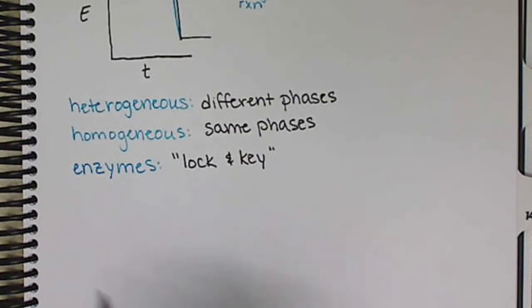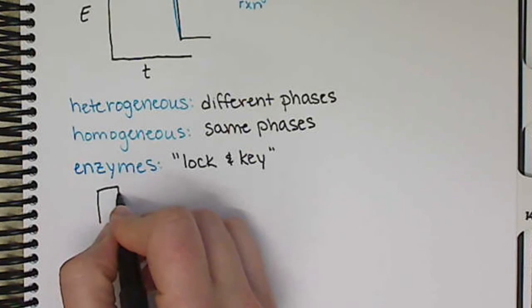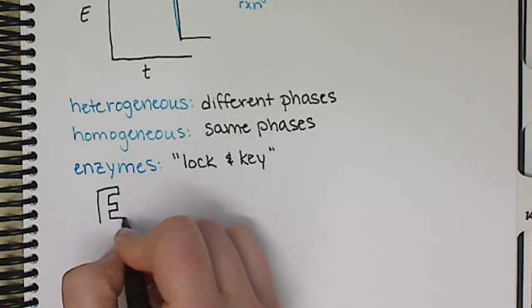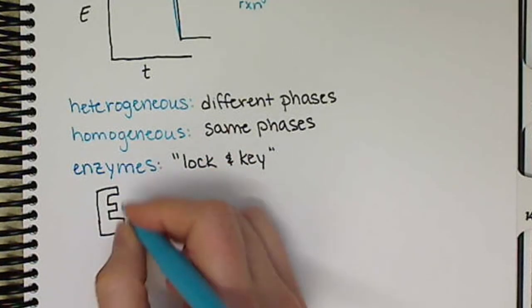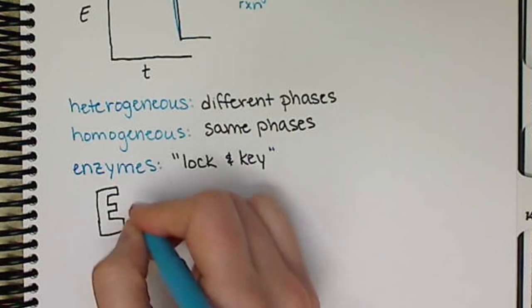So if, for example, our molecule that we want to break apart kind of has this shape here, our enzyme needs to be a shape that fits that molecule.